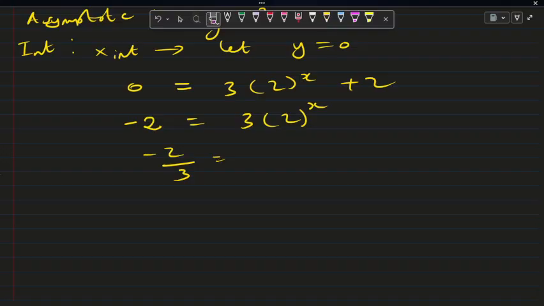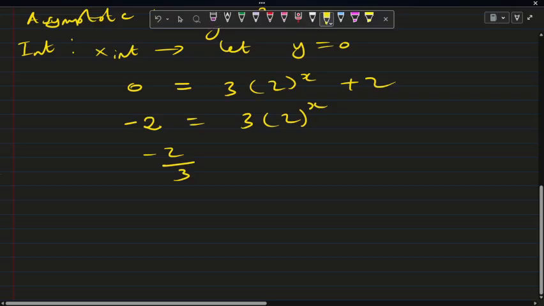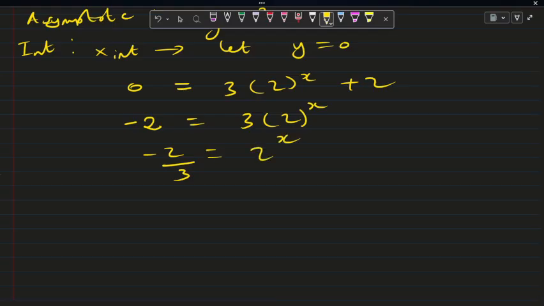We have negative 2 over 3 is equal to 2 to the power of x. Now, this is not possible.